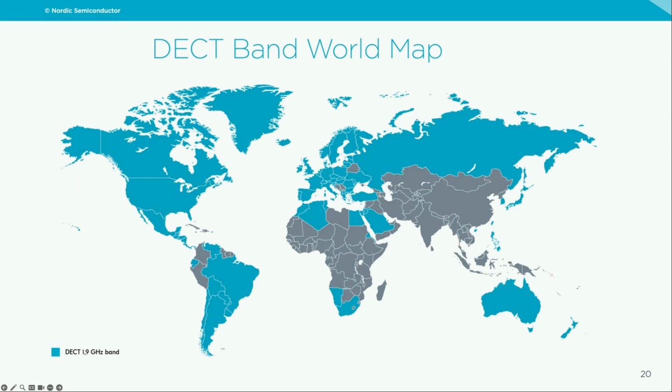So North America. The band is from 902 to 928 megahertz. So it's a good wide band. And there are other applications there, but we see that the DECT technology coexistence mechanisms are a good match. So it can be used there.